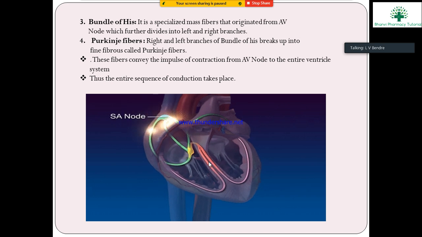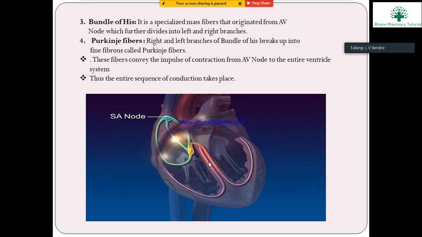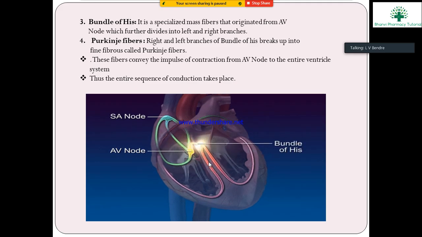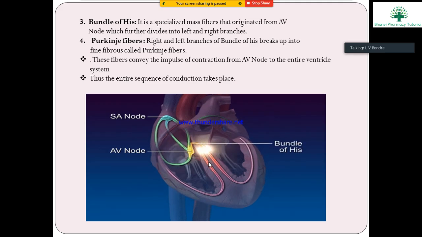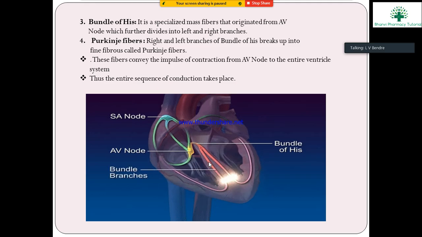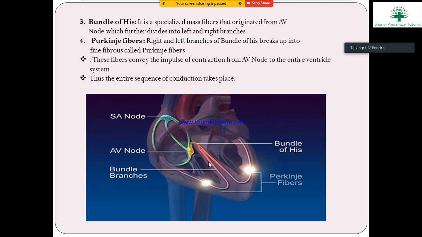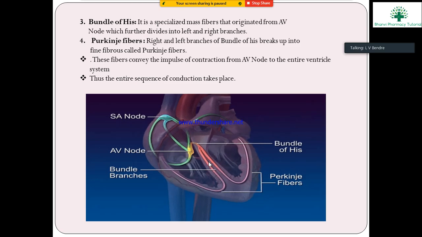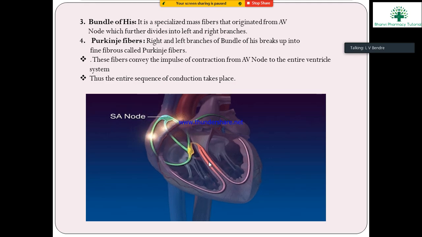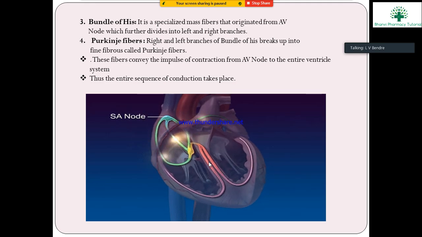These fibers convey the impulses of contraction from the AV node to the entire ventricular system. Thus the entire sequence of conduction takes place. That is known as the conduction system of the heart.